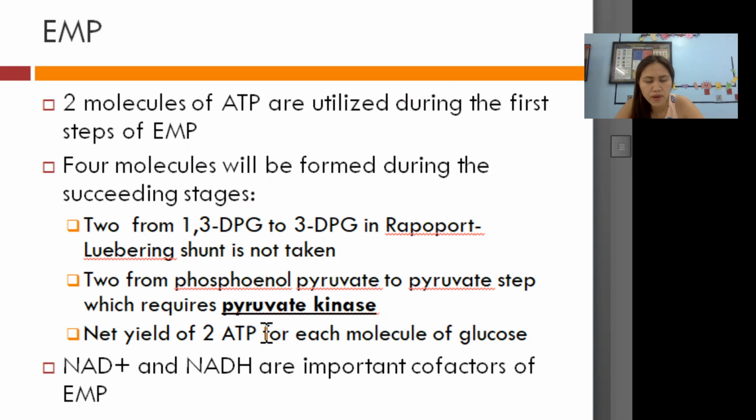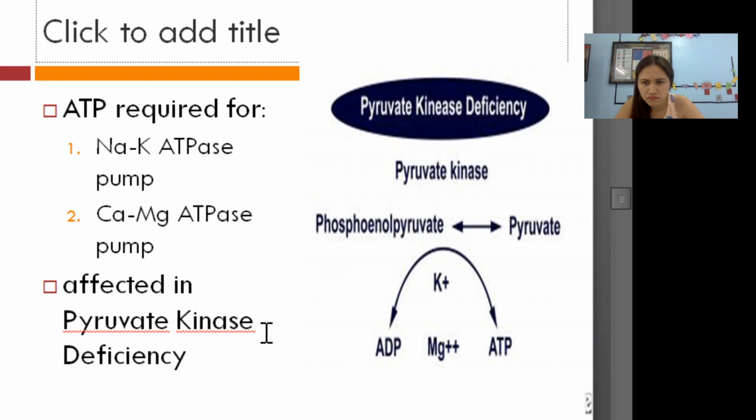Okay, so there are instances that a patient can have this kind of disorder called pyruvate kinase deficiency. So when there is deficiency of this kind of enzyme in the body, these two pumps will not function very well.